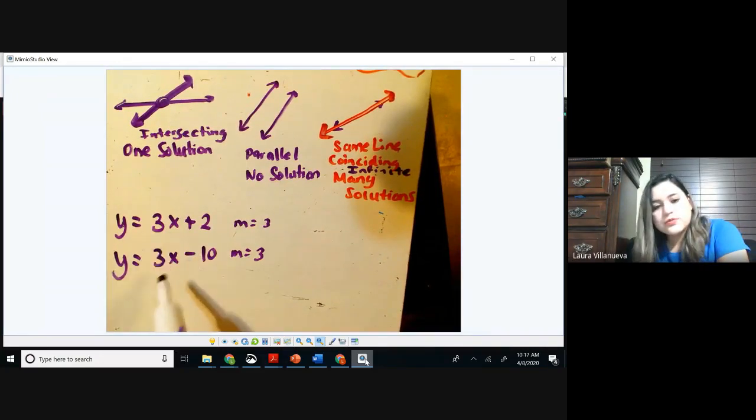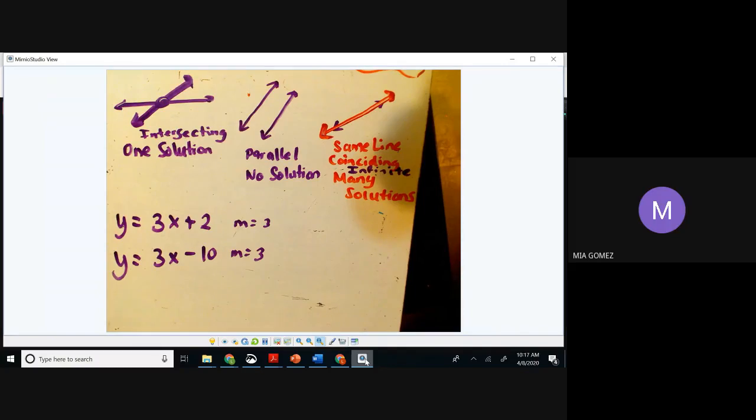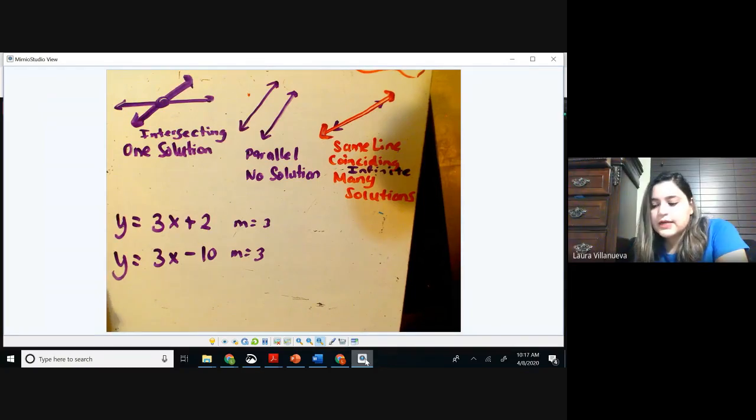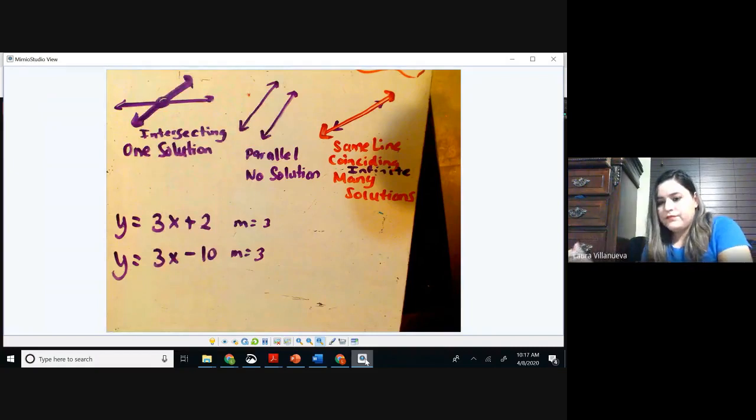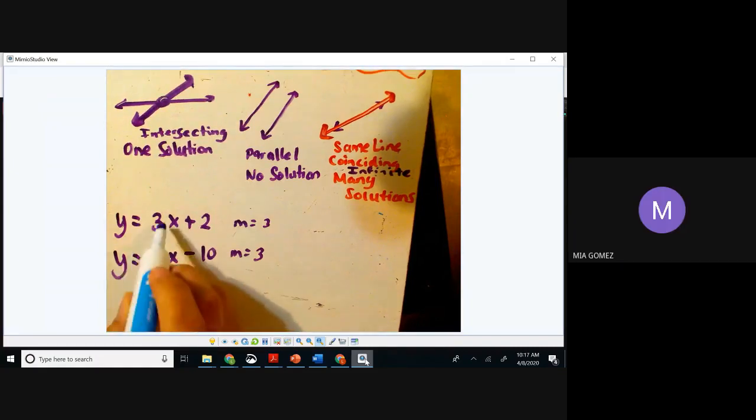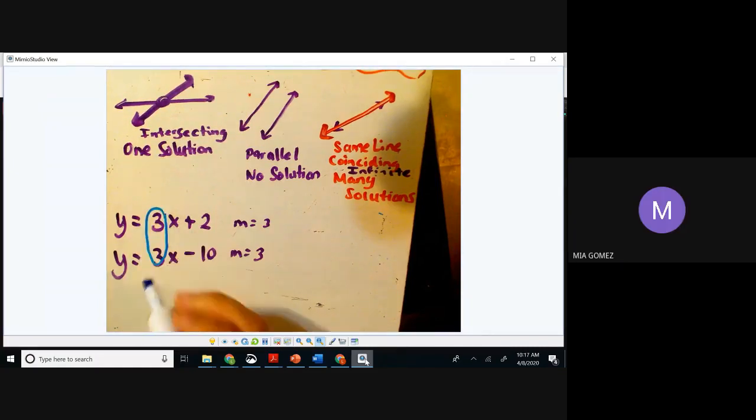So when the slopes are the same, what kind of lines are you going to have? What do you think? If you have the same slope, what kind of lines do you have? The same line.